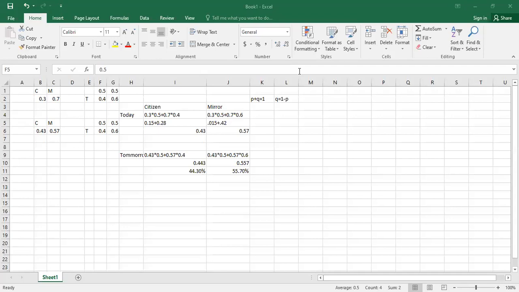I'm saying we've been asked for a steady state of readership of these two distributions, Citizen and Mira. So to get that dynamic equilibrium, it depends on the transition matrix. And we've put it such that our P plus Q will always give us 1.